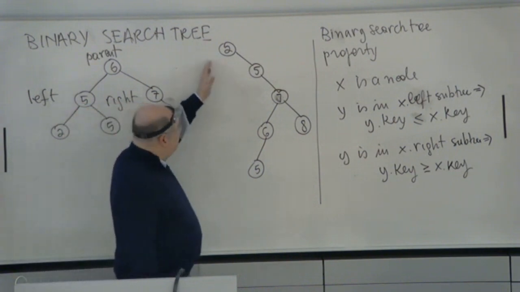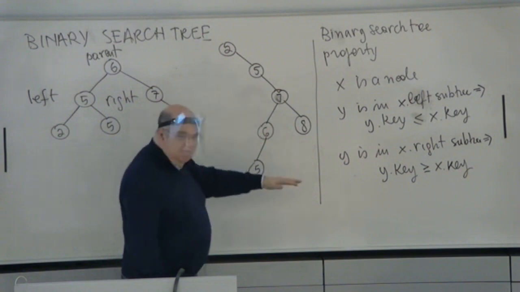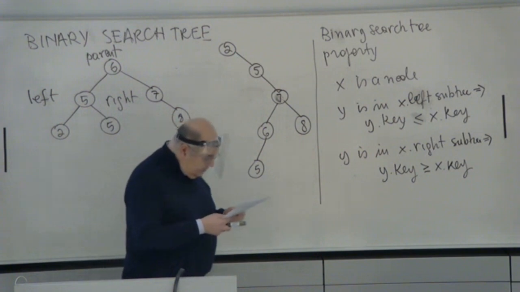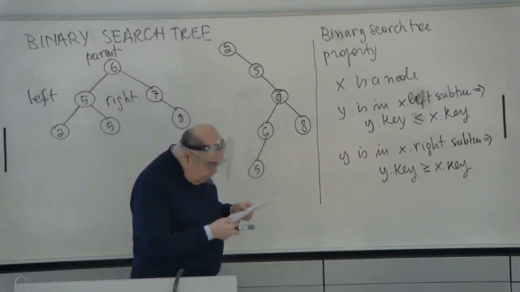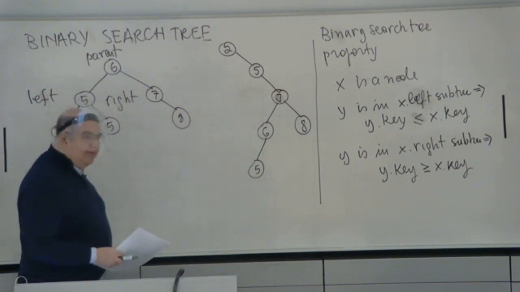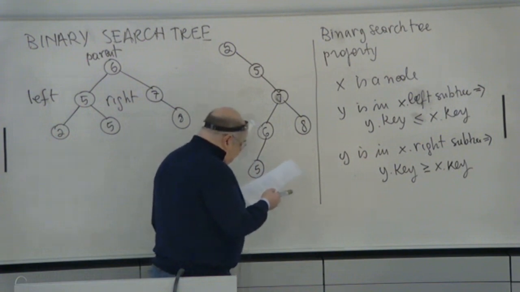This is unbalanced because it has everything on the right side. Okay, the right subtree contains everything starting from 2. Okay, so this is the main structure and the property of a binary search tree.